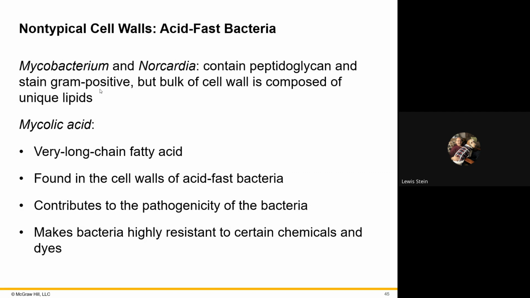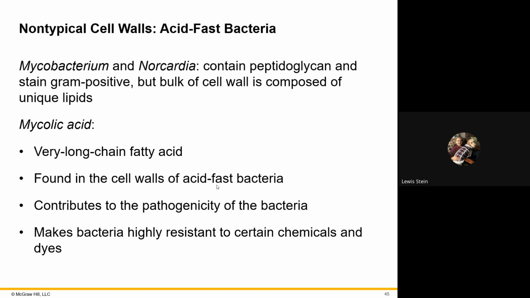Why is it such a pain to deal with? Number one on the hit parade is the mycolic acid capsule. It's enormously thick. It's very hard to stain. The stain we use is called the acid fast. Again, it ain't fast, but we fasten it to the acid capsule. So a lot of times it's like fixing carbon and fixing nitrogen. We're affixing. In this case, fast doesn't deal with speed, it deals with attachment.